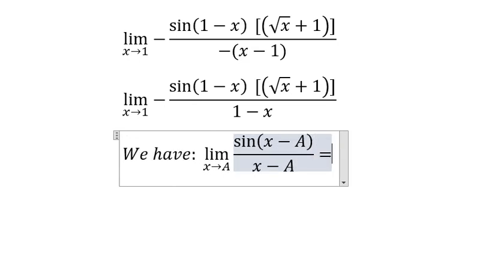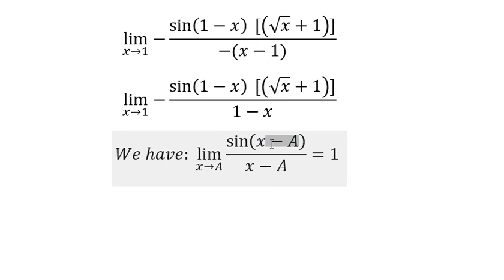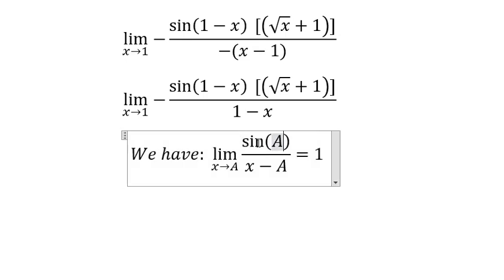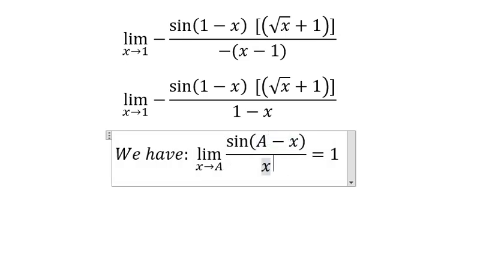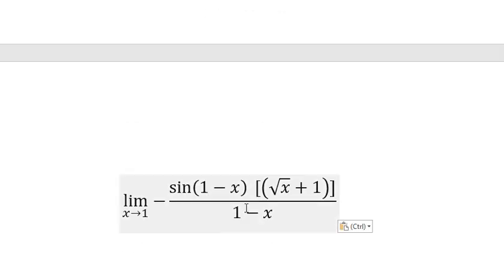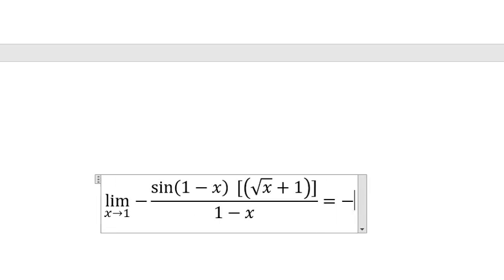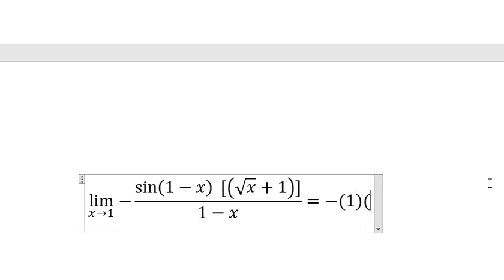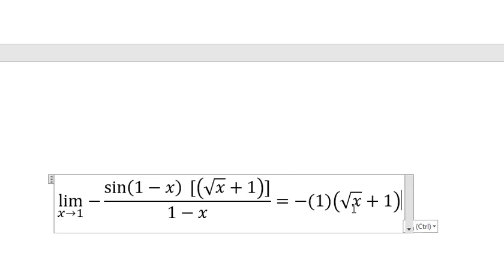And this one you get 1. Similar for this one. Now, this one you get 1. Then we put number 1 here, and we will have a negative because we still have the negative sign. Number 1 multiplied by this one. But now we put number 1 here. We calculate this one, and you get negative number 2.